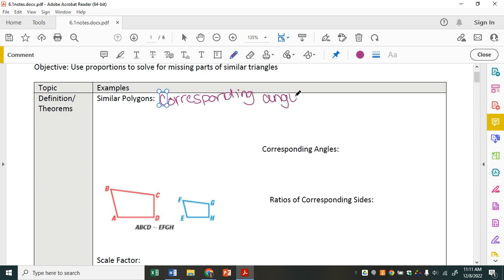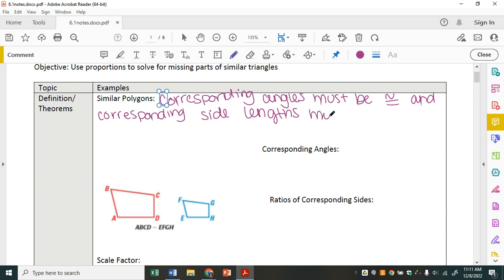angles must be congruent. Okay, remember I'm using my shortcut here. So those must be congruent, but your corresponding side lengths must be proportionate.